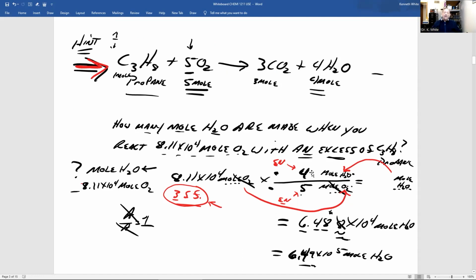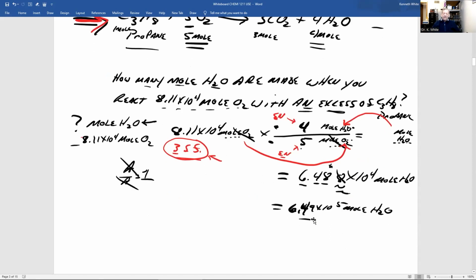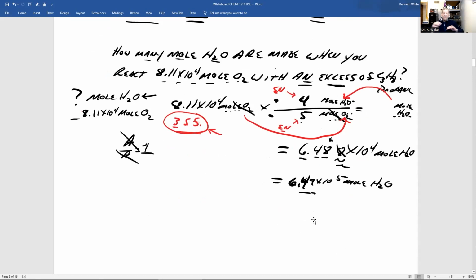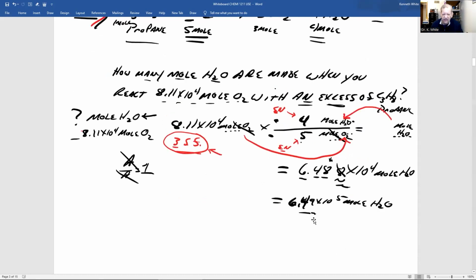So we get the 4 moles of water from here. We get the 5 moles of oxygen from here. Notice the units cancel out. You're left with moles of water. Do the math, proper significant figures, and we're done. That's it. You should practice this.